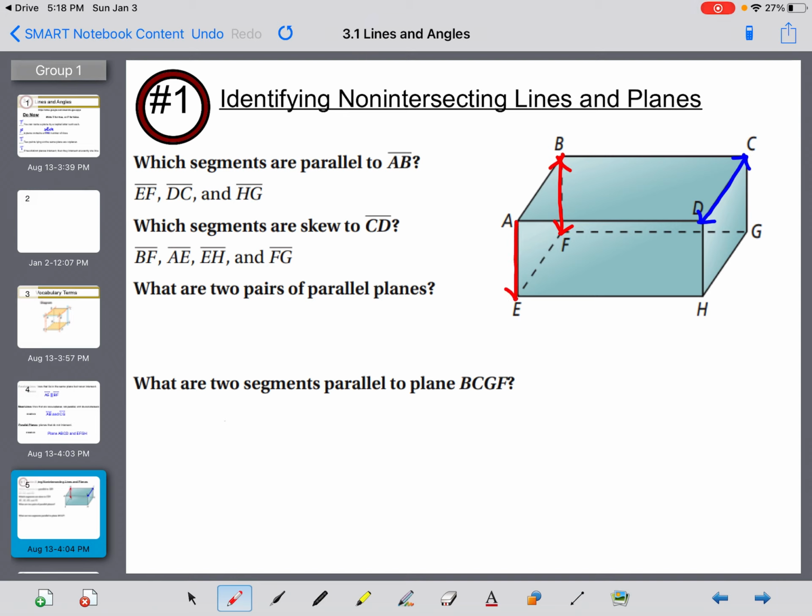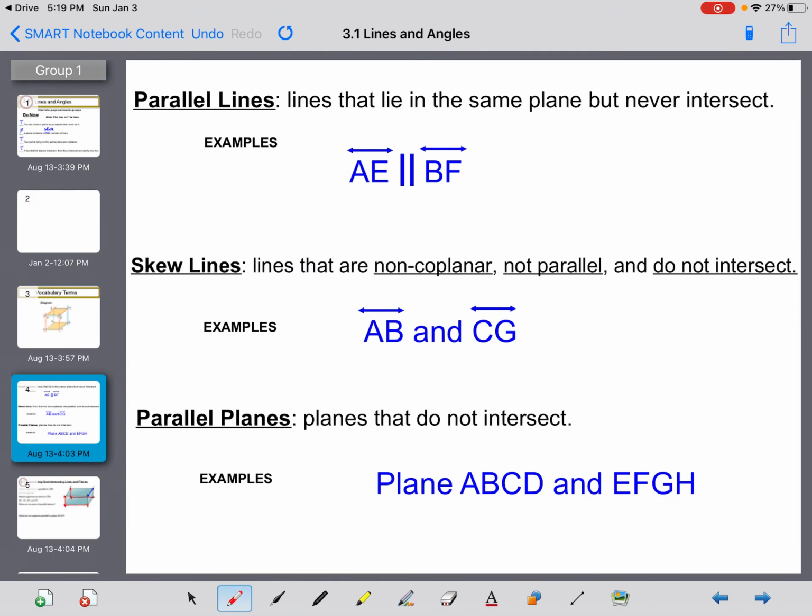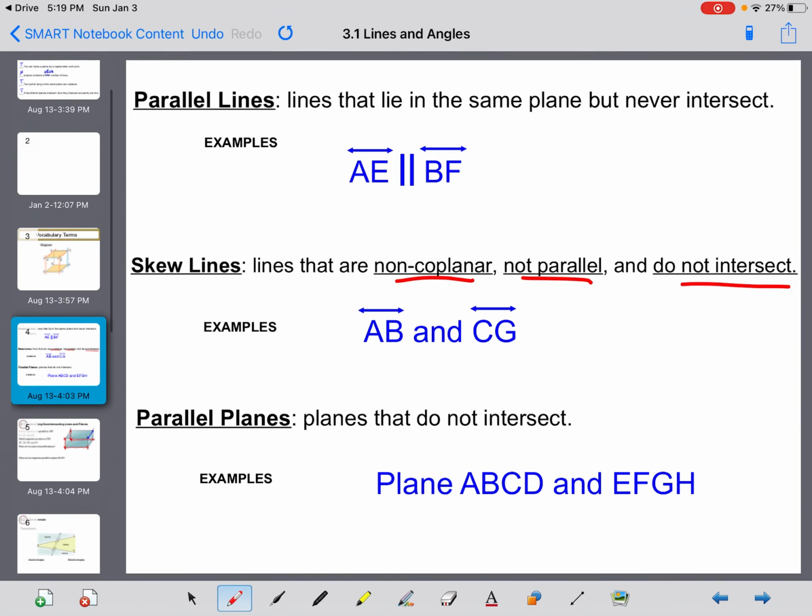AE, also skew. EH is down this way, definitely skew. And FG. And if we go back to our definition, all of those red lines are skew to the blue line, which means they are non-coplanar, not parallel, and do not intersect.